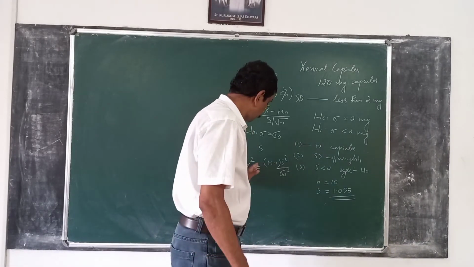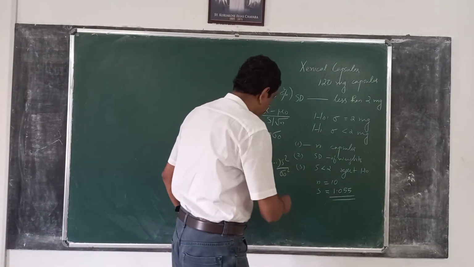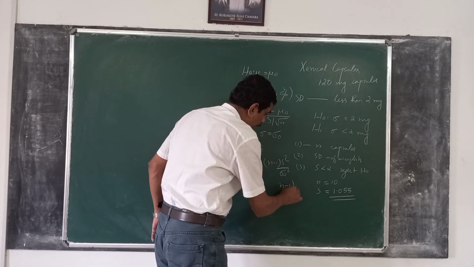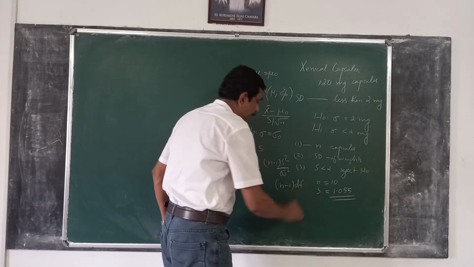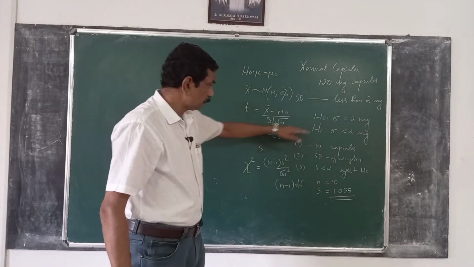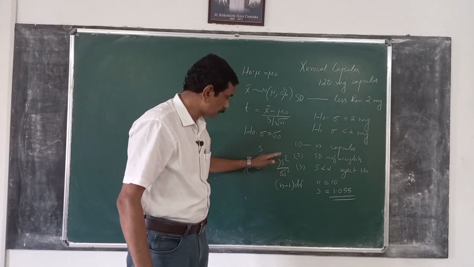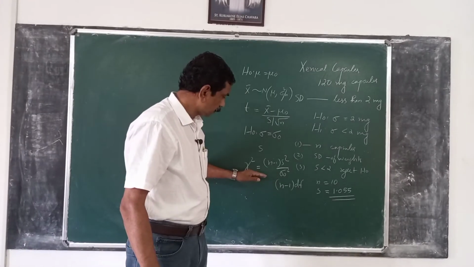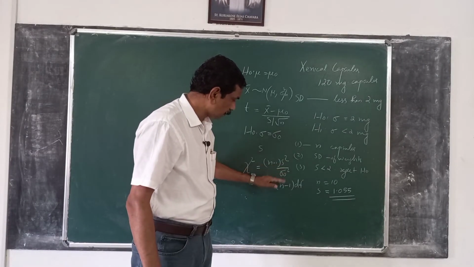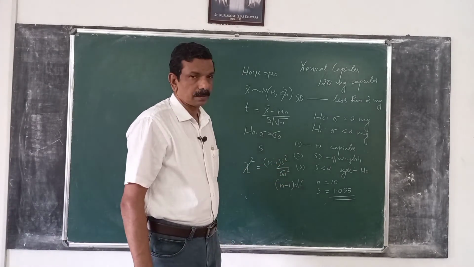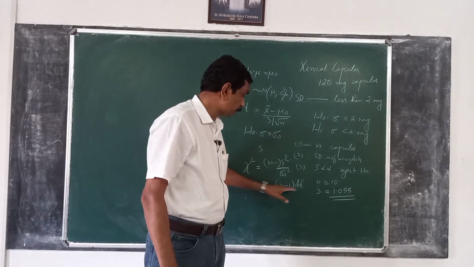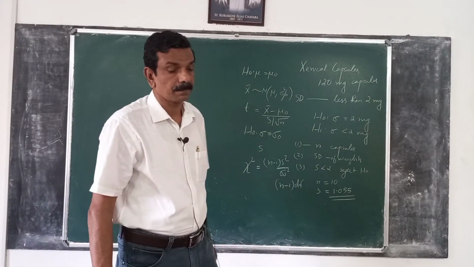So, this variable has chi-square distribution with n minus 1 degrees of freedom. So, to test this hypothesis, we use the test statistic chi-square equal to n minus 1 into s square by sigma 0 square. It has n minus 1 degrees of freedom.